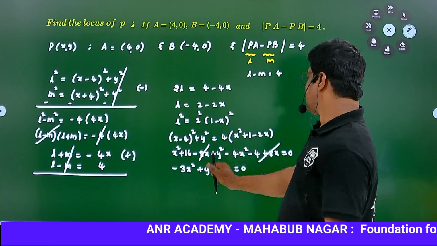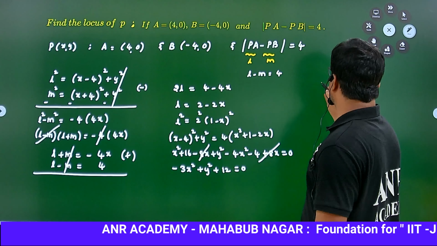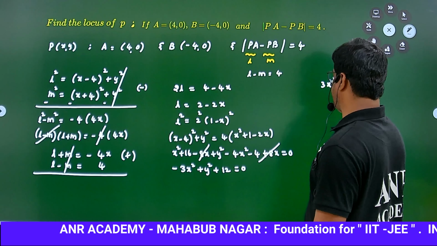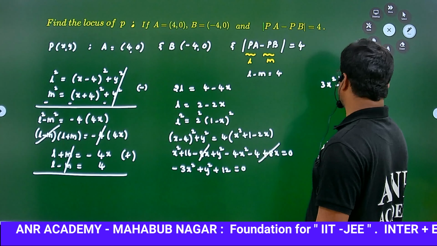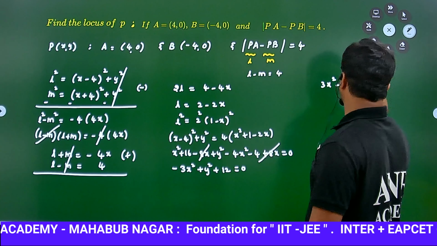Yes, it can be written as 3x square minus y square equal to 12.